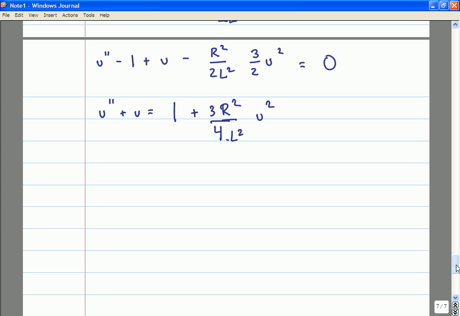And what is the right-hand side? Well, the right-hand side can be thought of as a driving term for that harmonic oscillator. So the first term, 1, is the term that arises if you just consider Newtonian gravity. And that second term, the 3r squared over 4l squared, is the correction term from general relativity.